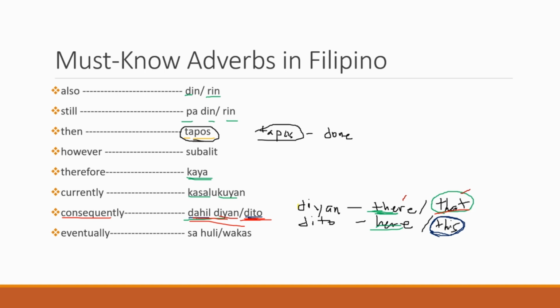Again, to add something in your vocabulary, huli could also mean late. I think I've discussed this in our previous video, if you could still remember it. And the other meaning of huli is end. So in this kind of adverb, we use end, at the end.